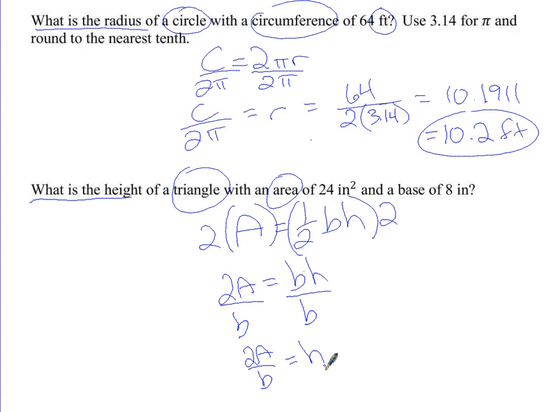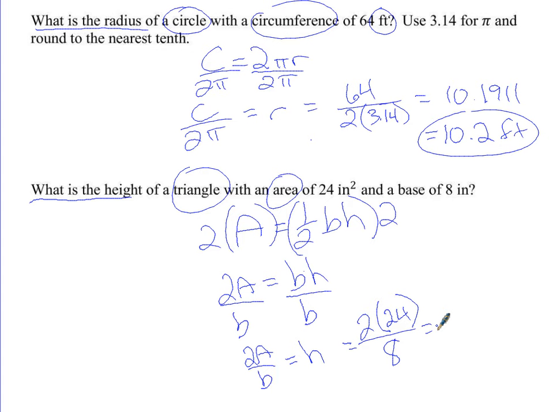I can plug any area and base I want in, and that will give me the height of that triangle. The area that they gave me was what? So I'm going to write 2 times 24 divided by 8. I might be able to do that in my head. I can go 2 times 24 first and then divide by 8.